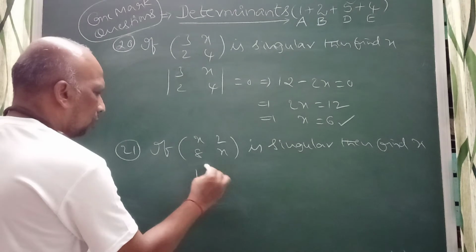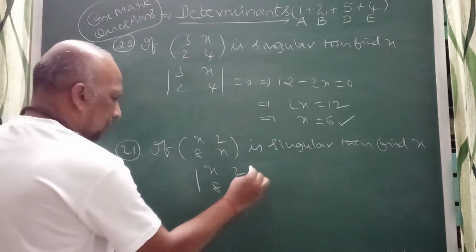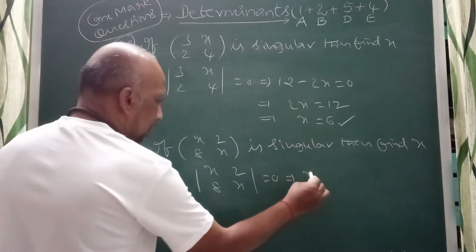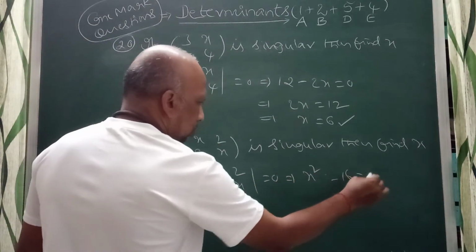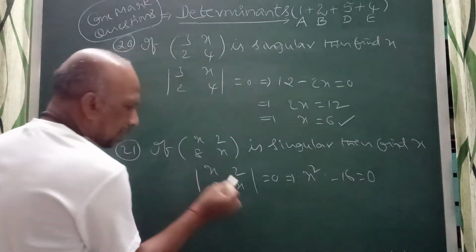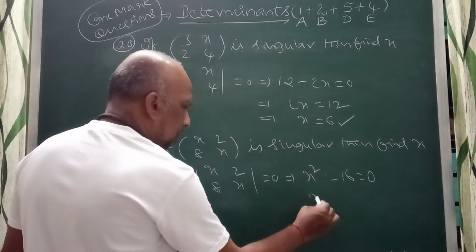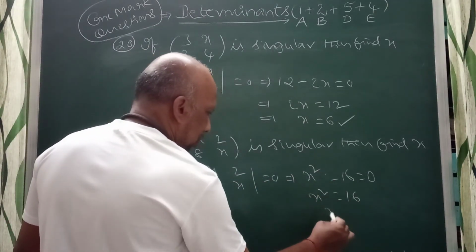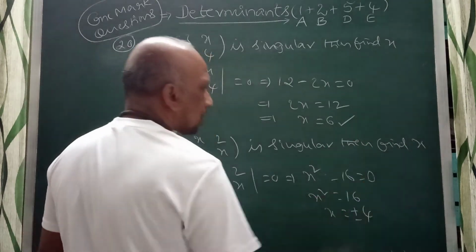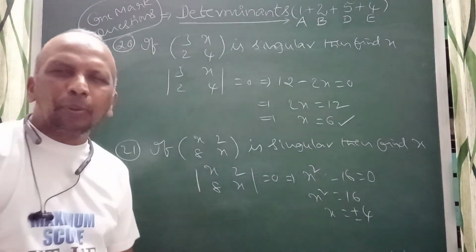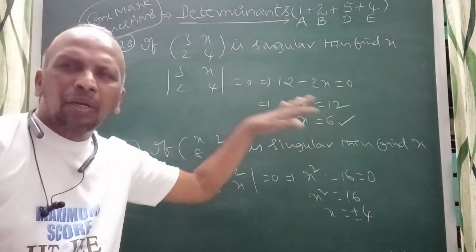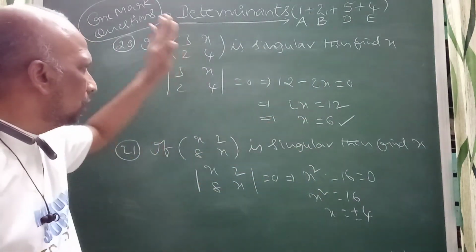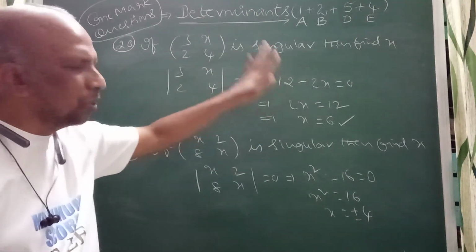Then det of x, 2, 8, x equal to 0 implies x square minus 16 equal to 0, right? x square equal to 16, x equal to plus or minus 4. That will be your answer, right? Both are the same, singular and singular, det A equal to 0. Use this: det of the given matrix equal to 0, then you simplify.